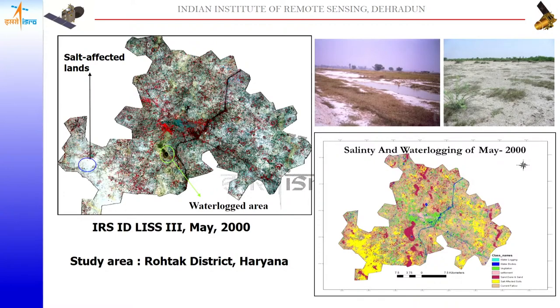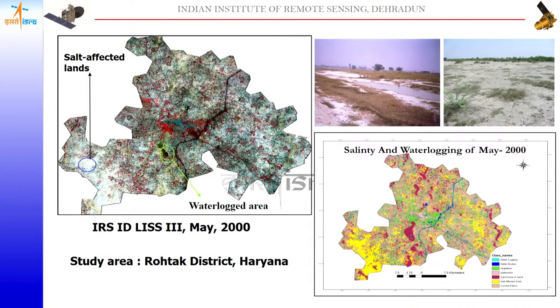Here is a picture of Rohtak district in Haryana. This is the false color composite, and we have classified it; this white color is showing the salt affected soils, because Rohtak district is an intensively canal irrigated area, and in the last 20-30 years we have seen that a large area has been degraded because of the development of salinity.